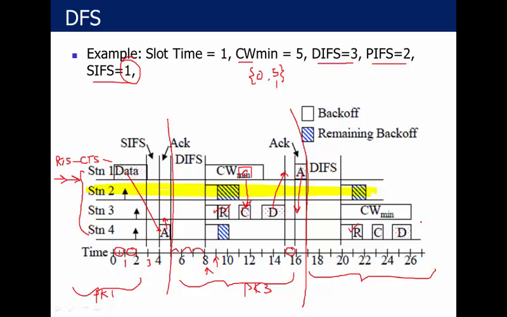No, because they're all independent stations. There's no queue. Well, there's the access point. For example, this CW.